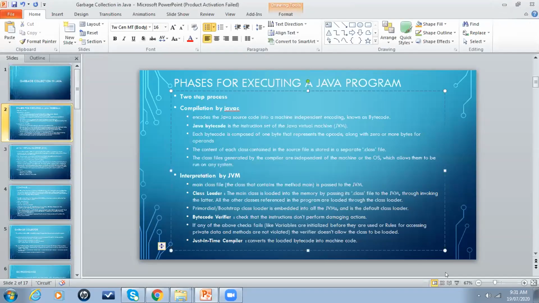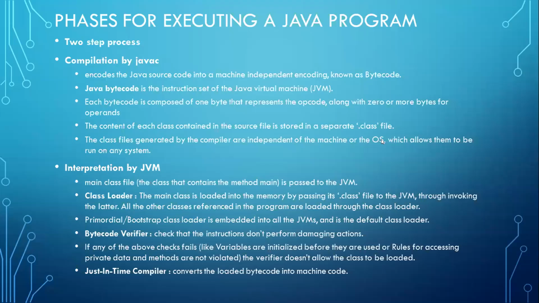Now let me go back to the presentation again. I was talking about interpreting the dot class file, line by line. And this is one of the reasons Java is a bit slower than traditional C or C++ languages. C or C++ is directly compiled into machine understandable code, and that is why they are a bit faster than Java.